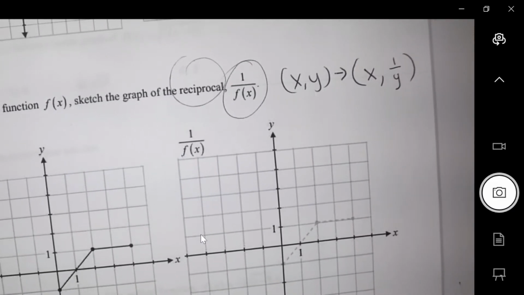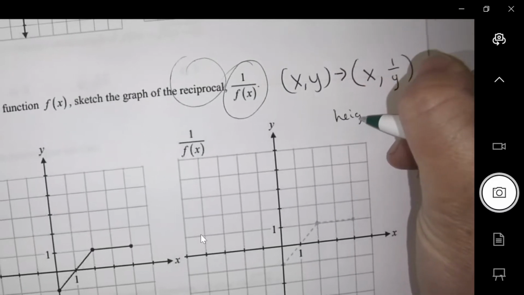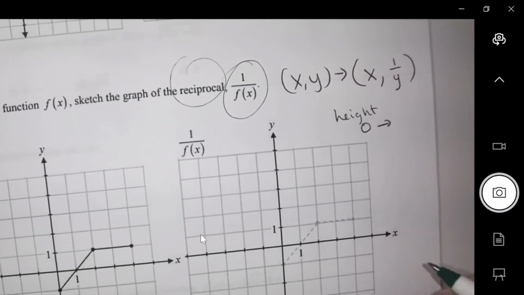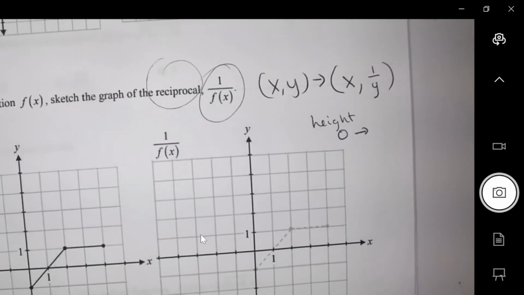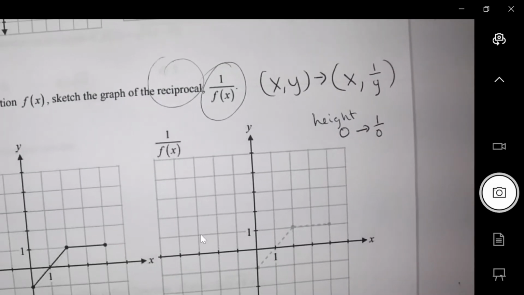Okay, so we had a 3-part system here. The first part was a height of 0. What happens at a height of 0? 1 over 0. 1 over 0 is what mathematically? Undefined.